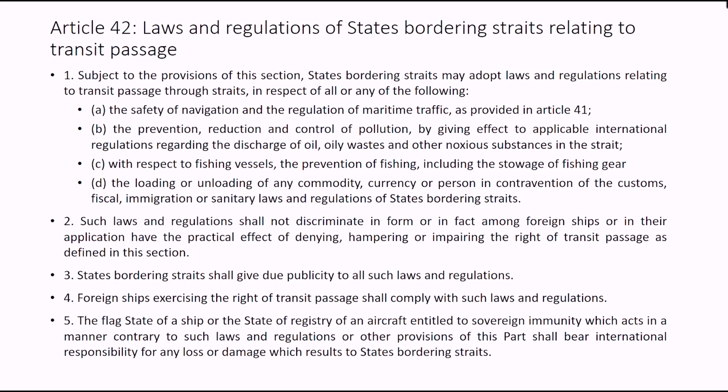Then the prevention, reduction and control of pollution by giving effect to applicable international regulations regarding the discharge of oil, oily waste and other noxious substances in the strait.